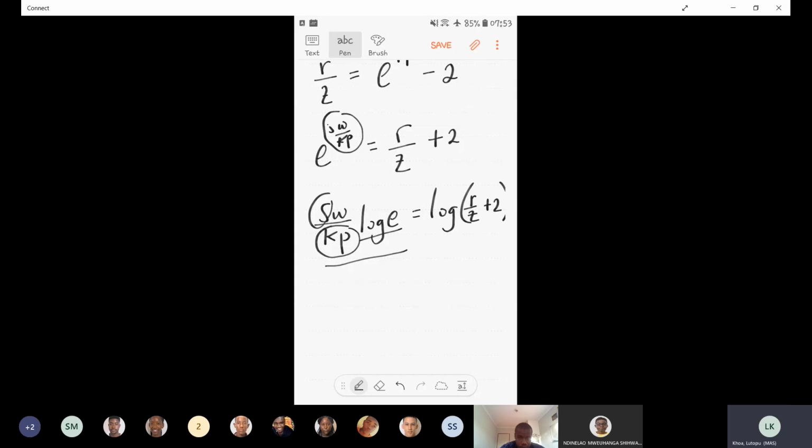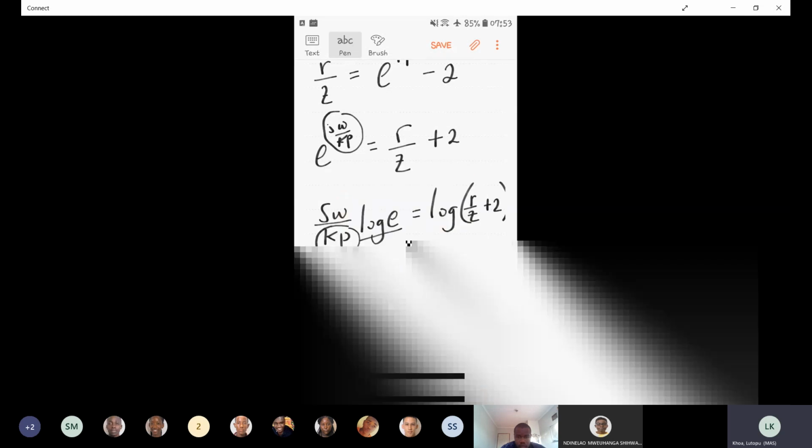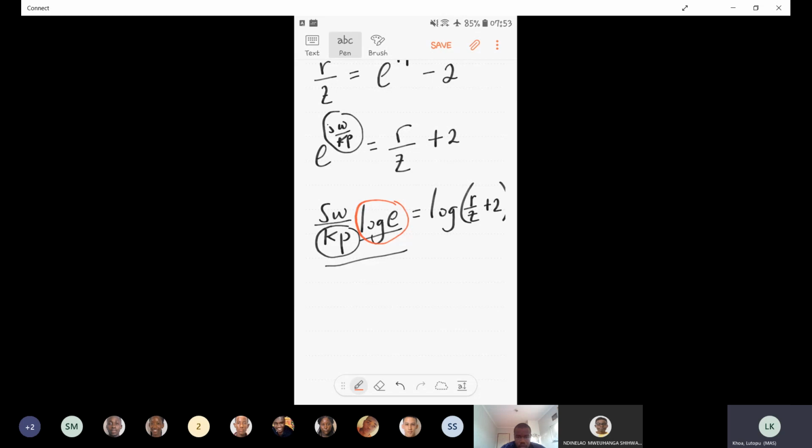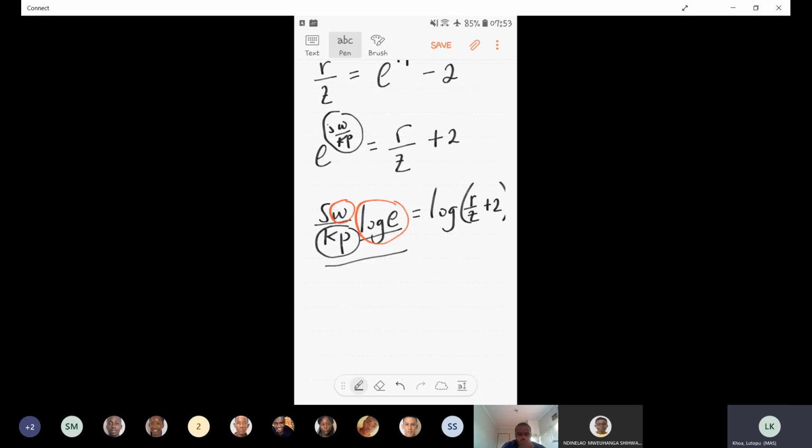We're making S the subject. Oh, this is number 13. So we divide by W and log E. So let me change the color. Okay, so I'm going to divide by these two terms in red, and then the one in black is the one that I am multiplying by.